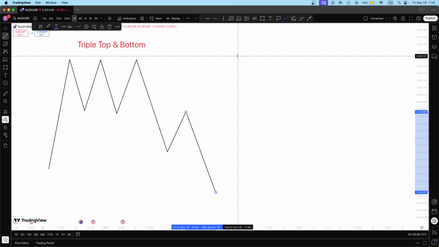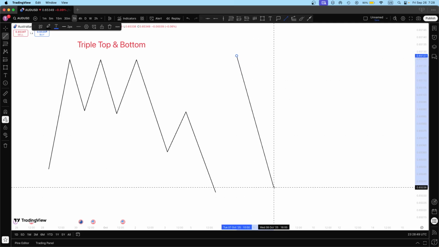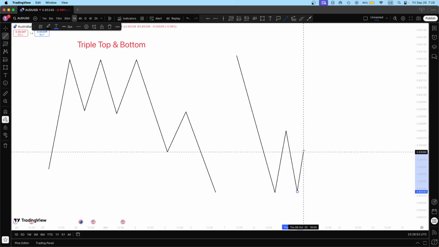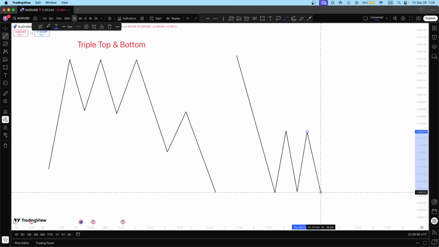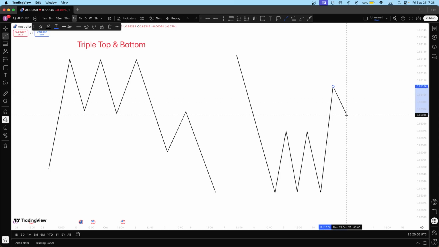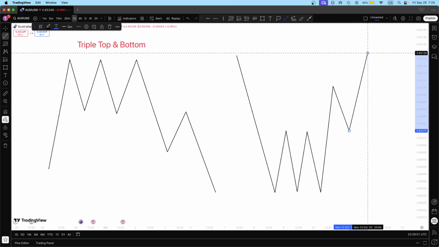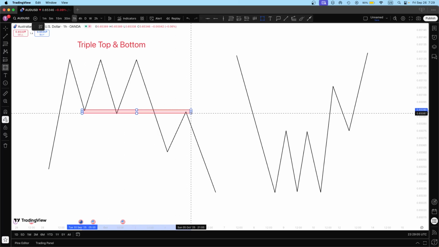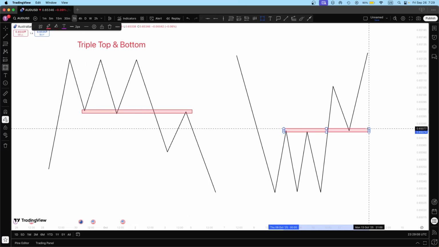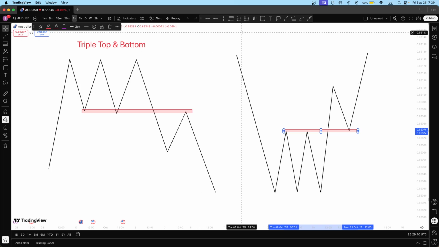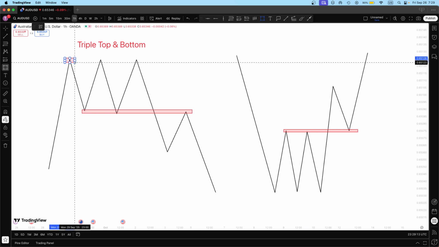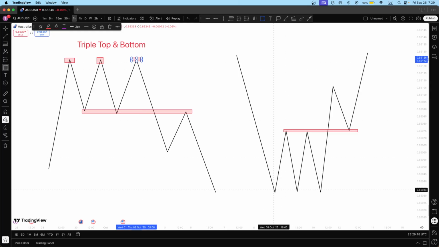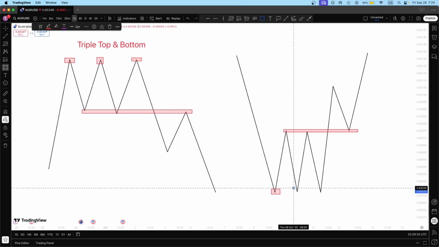And for triple bottom, tried, failed, tried again, failed, tried again, failed, retest, and advance. So this is the neckline, and you take your entry here. So here you have triple top and triple bottom.